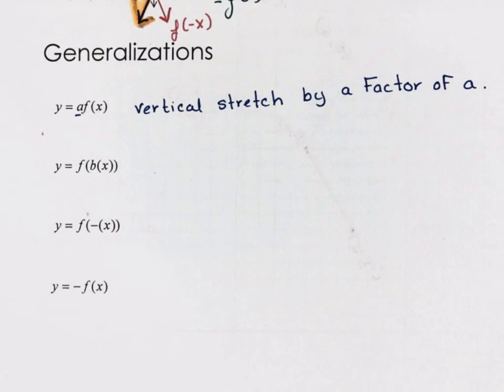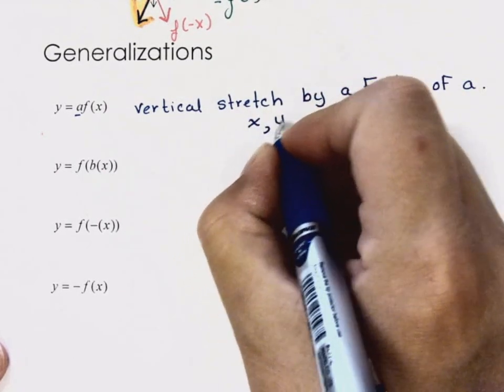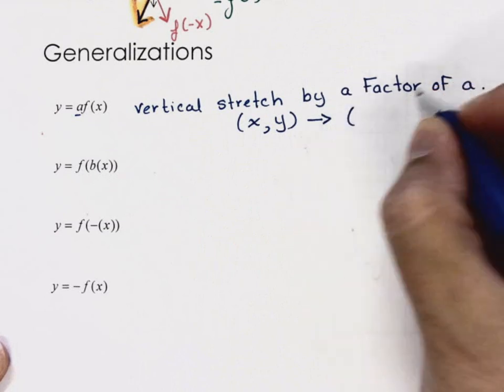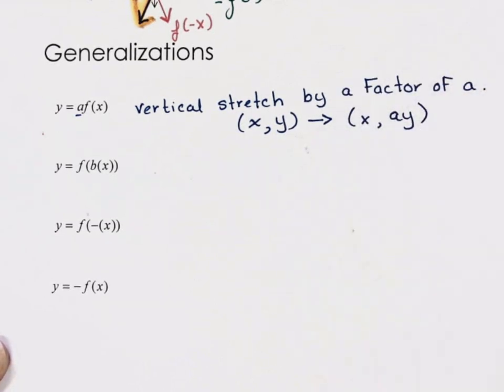If the A is on the outside of the f of x, we have a vertical stretch by a factor of A. If we did it as a mapping rule, we're just using the letter A, it could be any number. A can be any number. Good call.